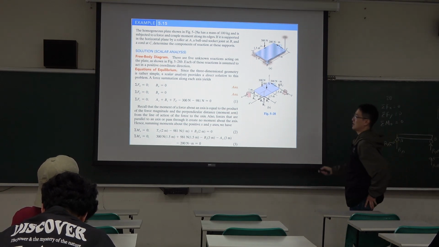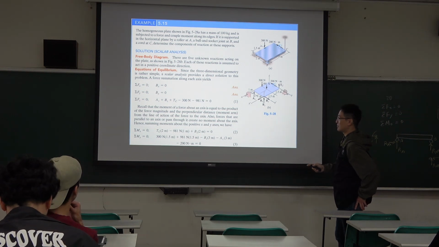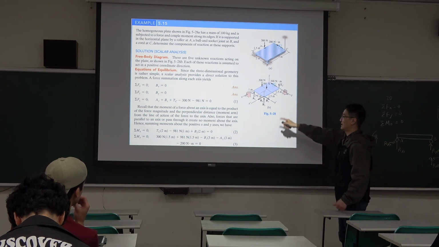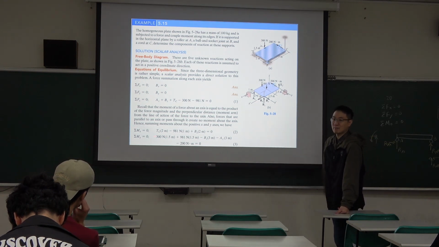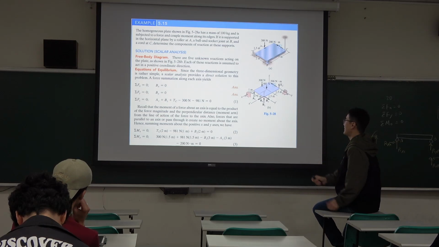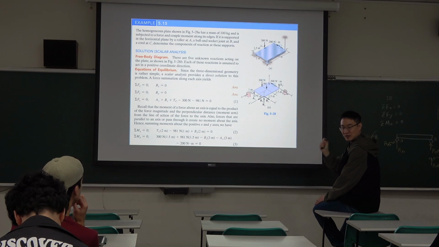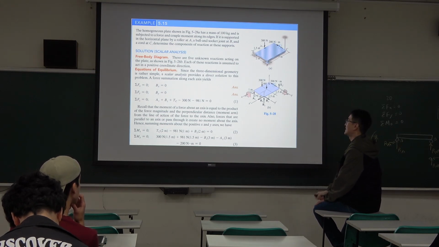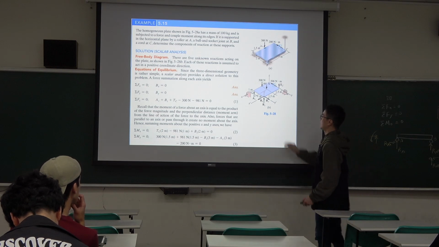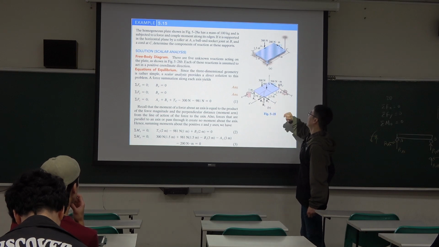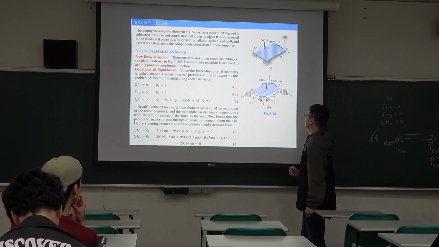Okay, then we can consider other equilibrium equations. To solve, particularly to solve bending moment, observation is very important because we want to choose a point that can reduce our calculation procedure. So we know Az, Bz, and Tc are unknown.